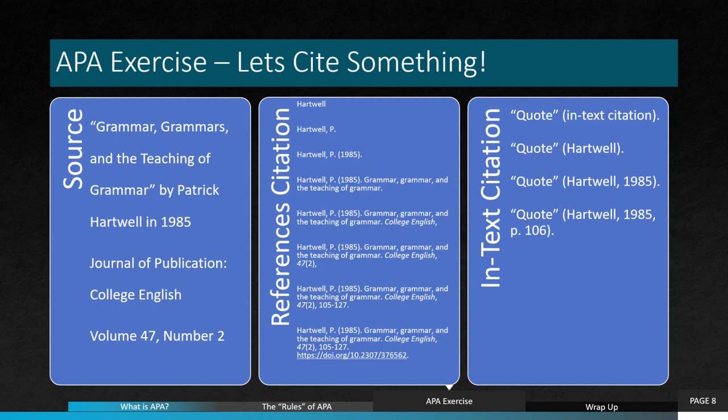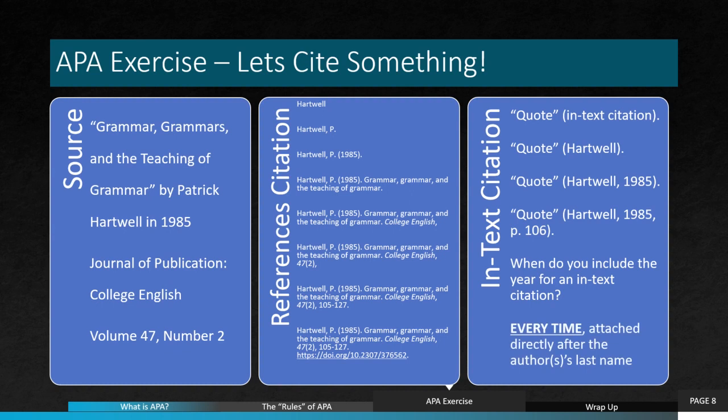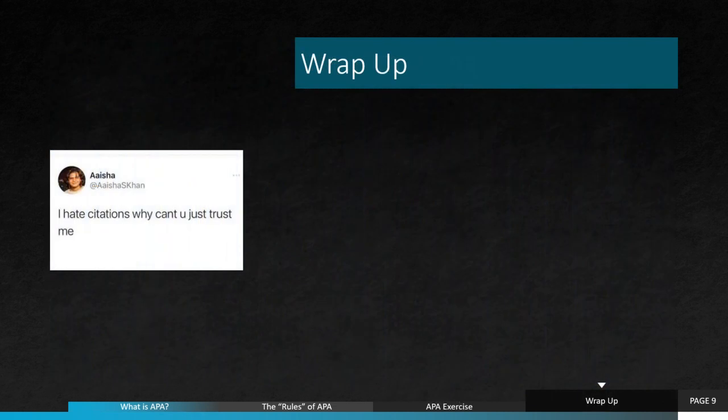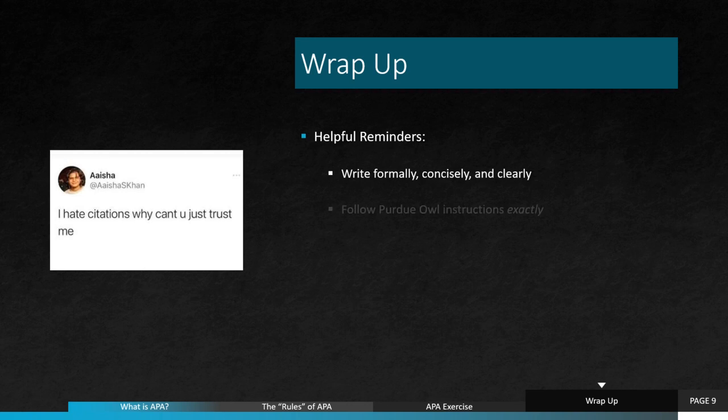Now let's review this really quick. When do you include the year for an in-text citation? Every time, attached directly after the author or author's last name. Let's wrap up here really quickly. Some helpful reminders. Don't forget to write formally, concisely, and clearly when using APA. Follow Purdue OWL's instructions exactly.